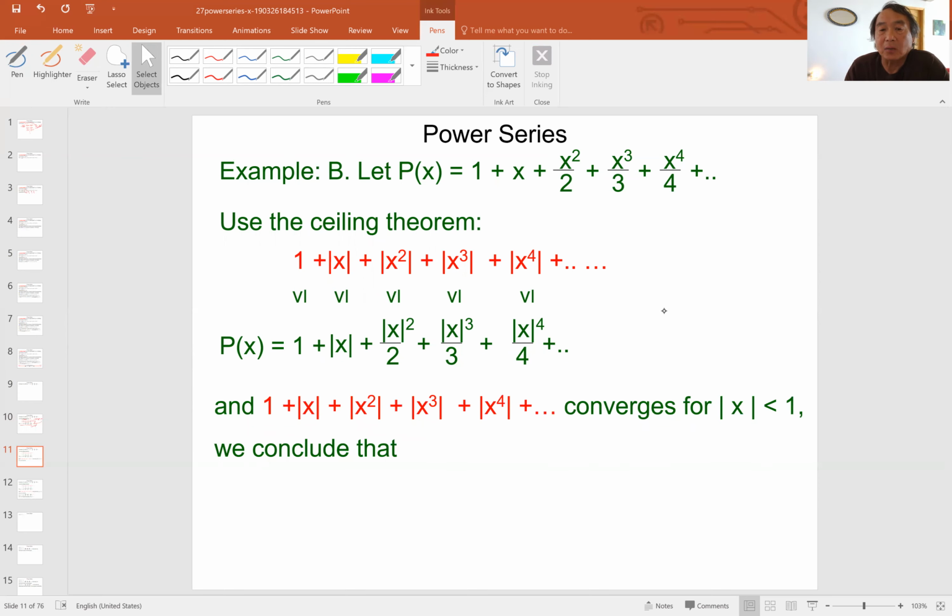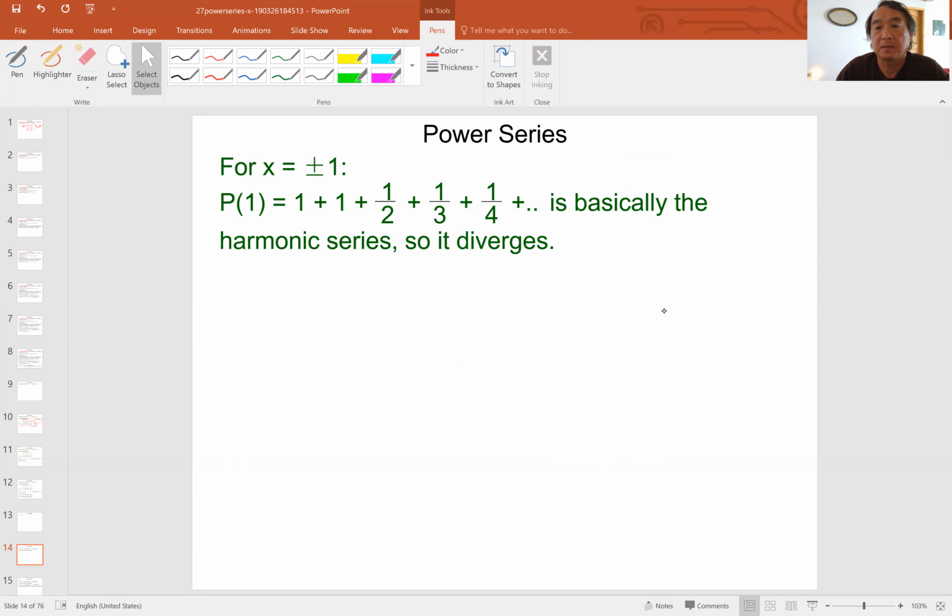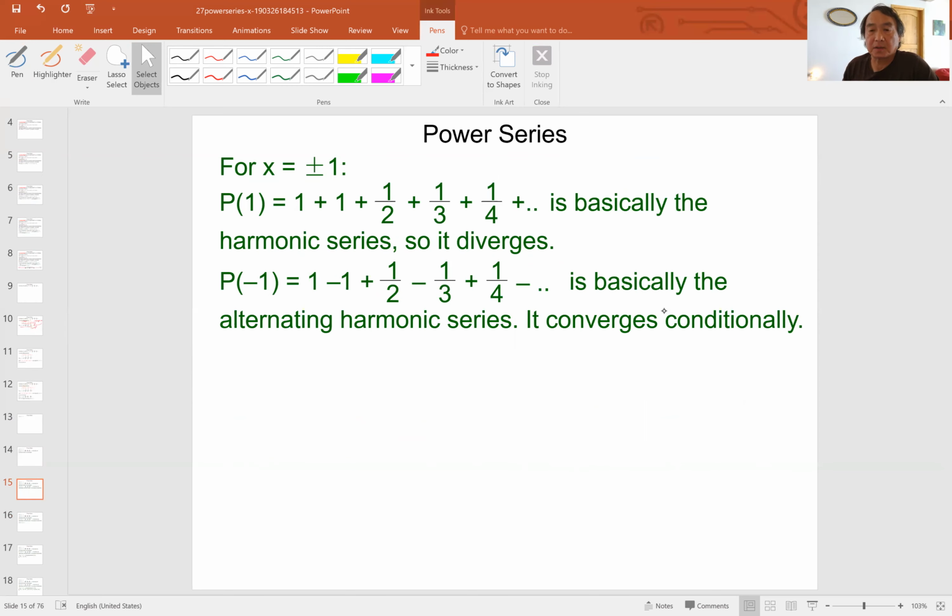In particular, if I plug in 1, then I get a harmonic series. It diverges. But if I plug in -1, I get the alternating series. Remember from the last sections, this one converges because the absolute value is a decreasing sequence, and I'm taking alternating plus minus, plus minus.